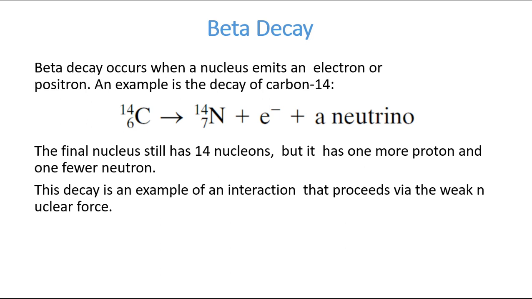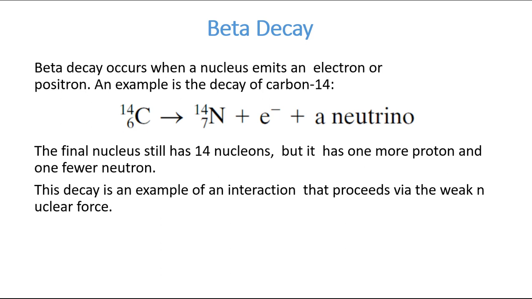In the other scenario, we have beta plus decay, in which we have a positron emission and an antineutrino or neutrino. The final nucleus still has 14 nucleons, but it has one more proton and one fewer neutron, which means that the excess neutron is converted into a proton.